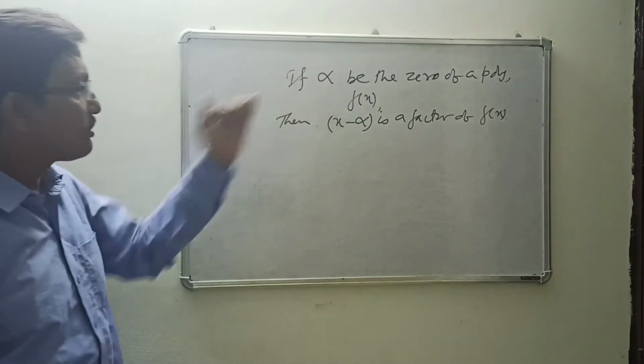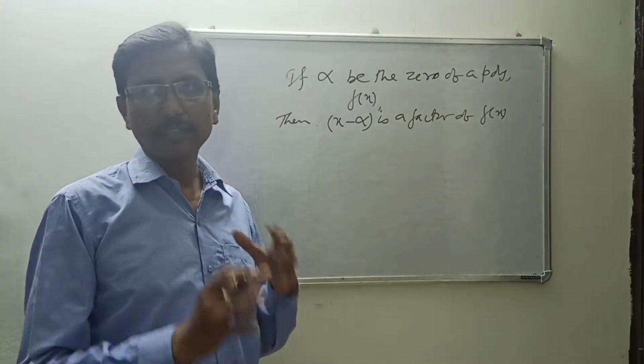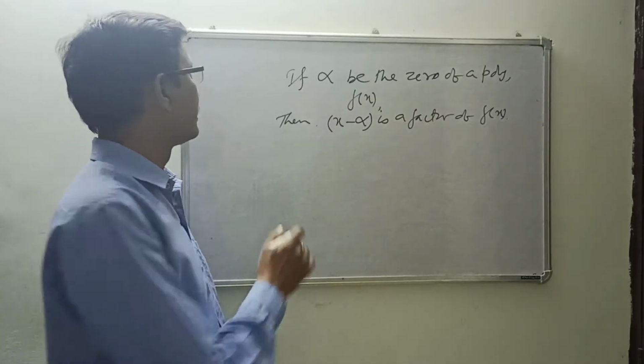So if one zero is given, then we can get the factor x minus alpha.